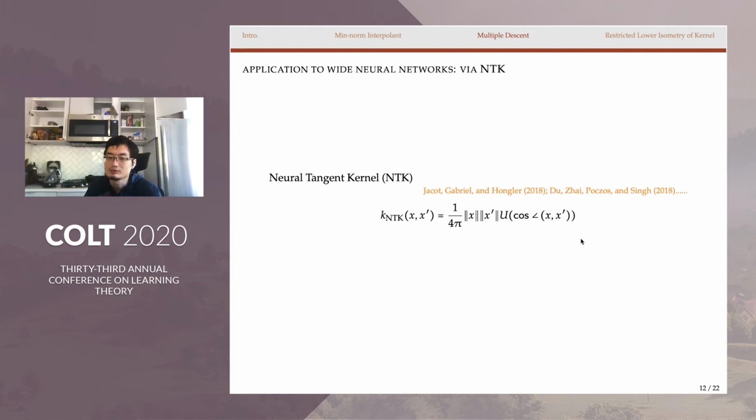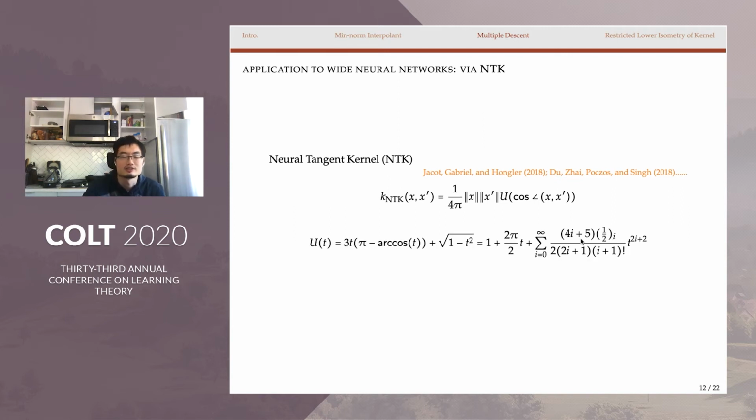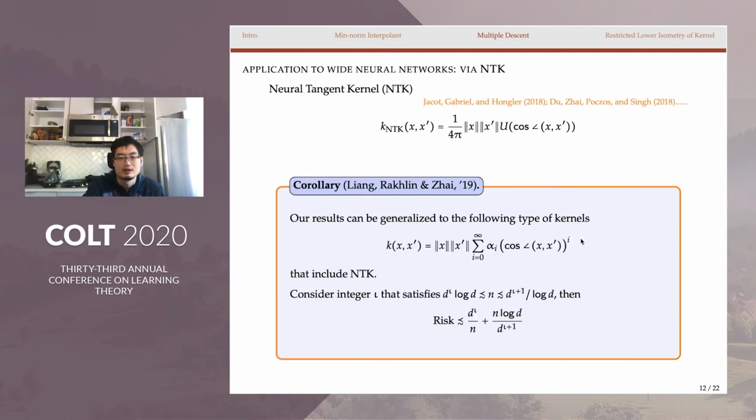It has this form: you have the two norms and then a function of the cosine. Here the function is Taylor expanded as this. You can see the Taylor expansion has all positive coefficients.